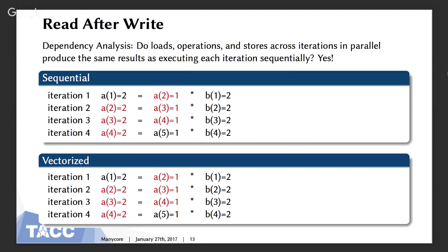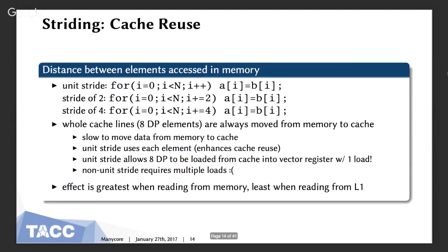I get my results for A, and they are all 2, just like in the case of sequential. So I've worked out that, okay, there's no real dependency violation occurring in a read after write. And you can certainly do that for the read after reads and write after writes and see what happens.